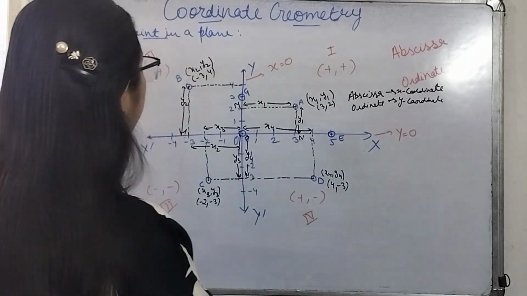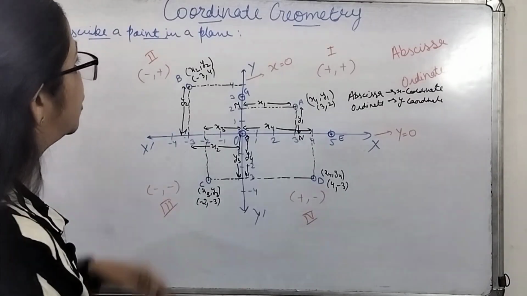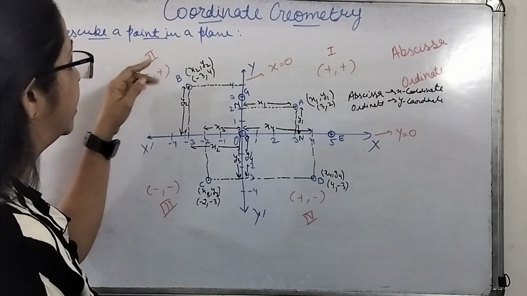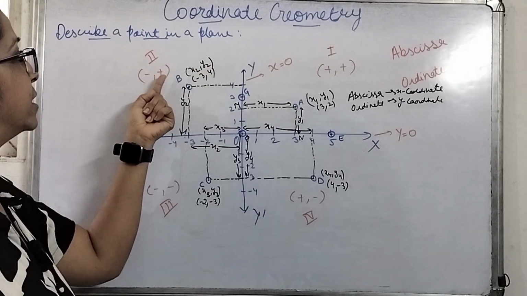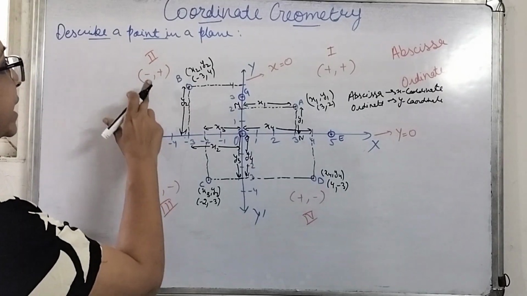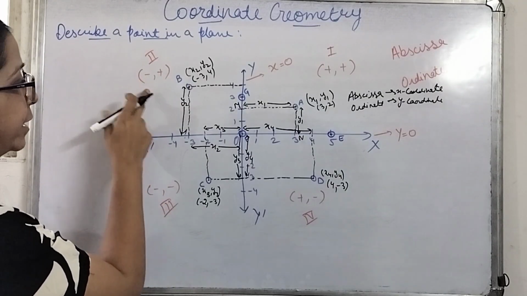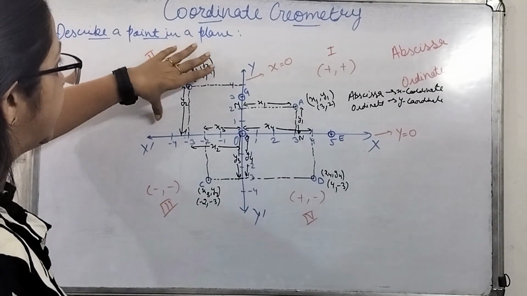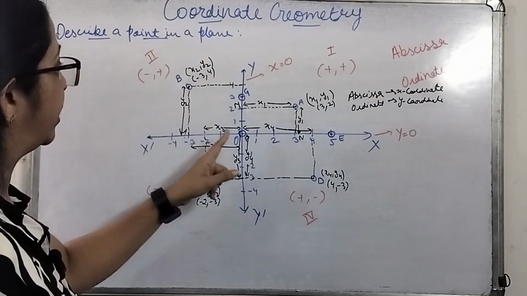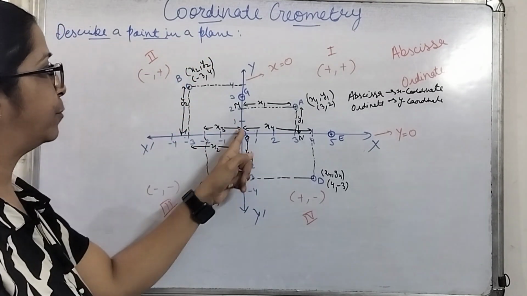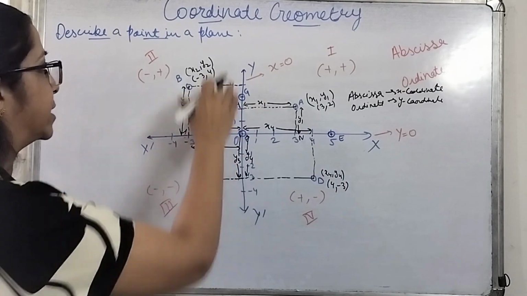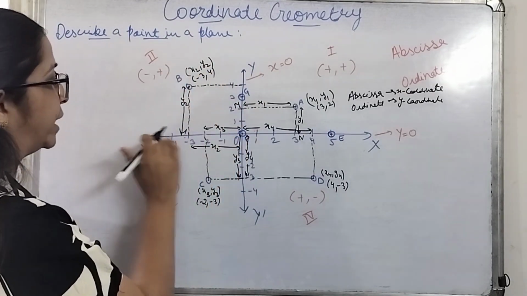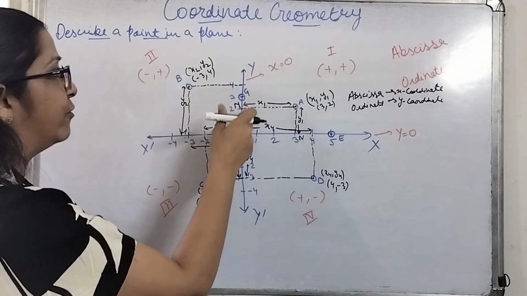Similarly, we can see over here that a point which lies in the second quadrant will have the form (minus, comma, plus). That means its x coordinate will be negative and its y coordinate will be positive, because this area is enclosed between the negative x-axis and the positive y-axis.